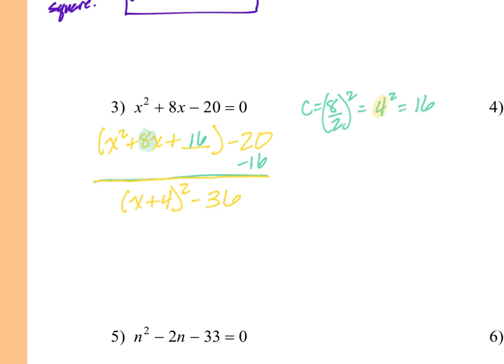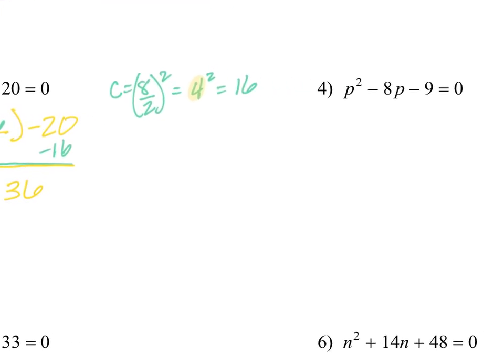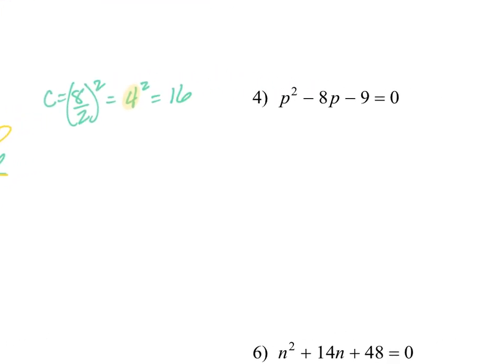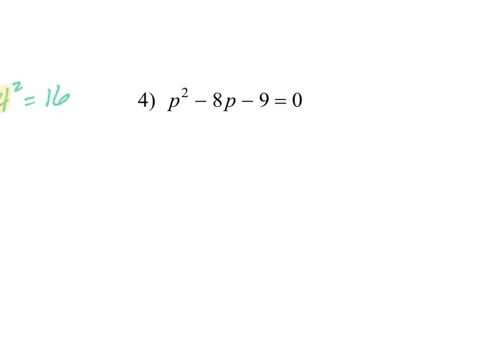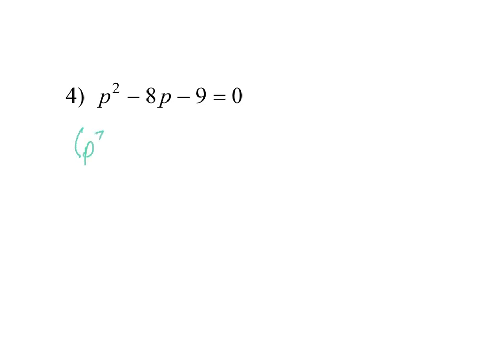Okay. So we're going to do, not quite the same numbers, but I'm going to rewrite it in parentheses. So I'm going to rewrite it as p squared minus 8p plus some number, and then minus 9.